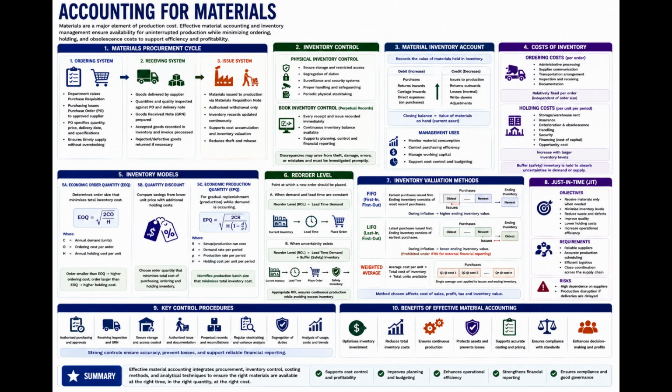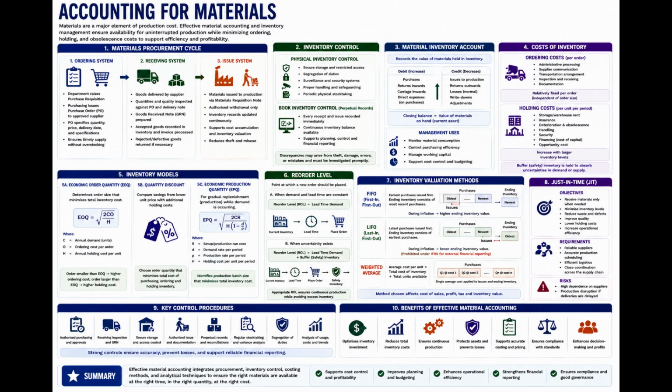When valuing inventory and material issues, management accountants commonly apply FIFO, LIFO, and weighted average costing methods. Under FIFO, first in, first out, the earliest purchases are issued first, leaving recent purchases in closing inventory. FIFO generally produces higher inventory values during inflationary periods.